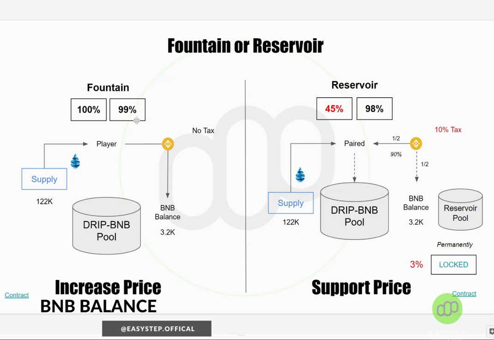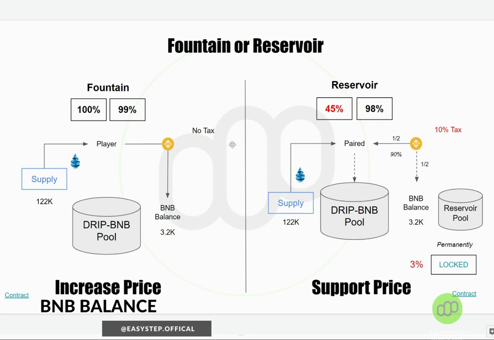The other 99% goes to the BNB balance, and that 99% is what's used to buy DRIP. And this is 100% here because this purchase of 99% has a 100% effect on buying DRIP and decreasing the supply of DRIP.